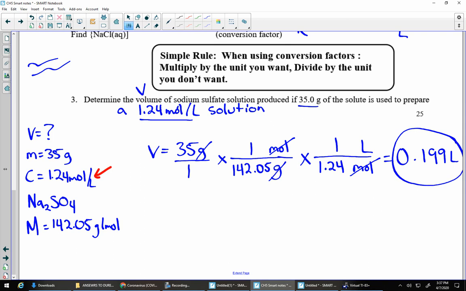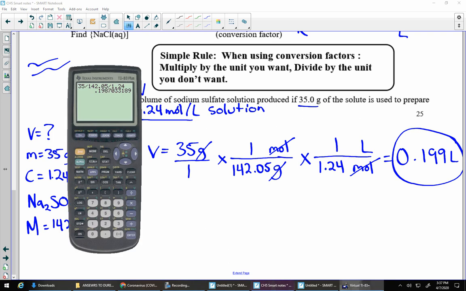Very nice. Notice we didn't plug any of the ones in, right? And we just said, okay, it's 35 divided by 142 divided by 1.24. Because remember, anything on the top, we just keep multiplying. Anything on the bottom, we just keep dividing.